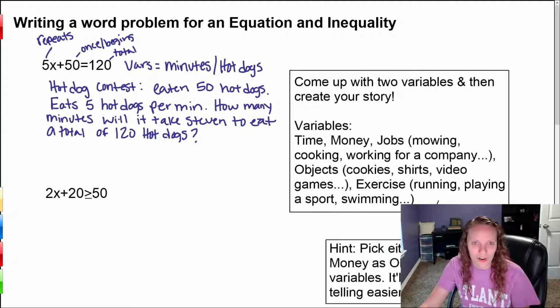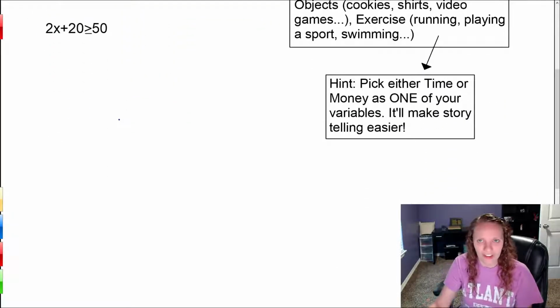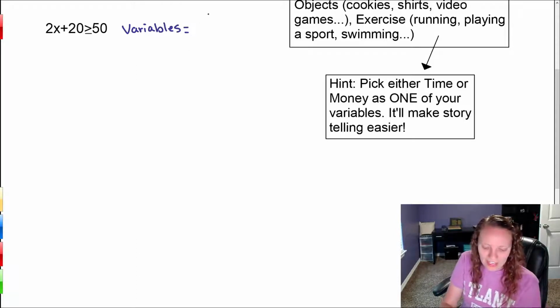Now we're going to try one more, except this time it's an inequality, not an equation. And I'm going to start with figuring out what my variables are. And I'm going to use bracelets and money.